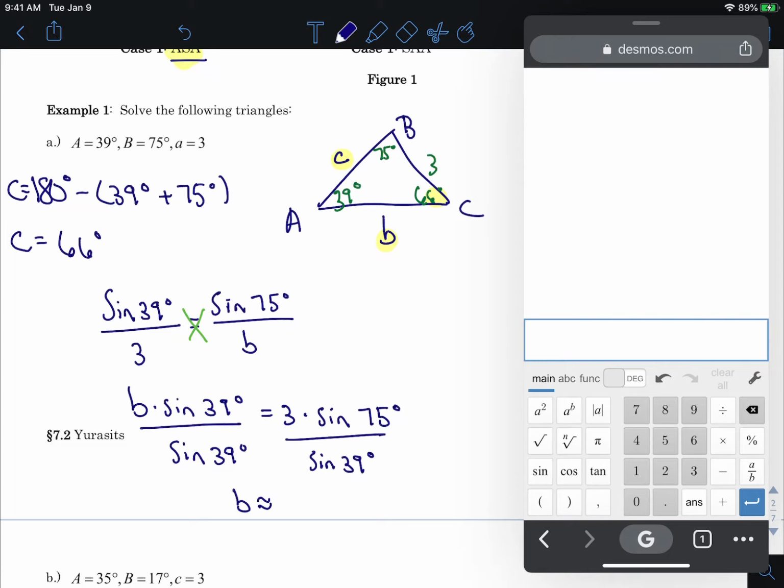And then I'm going to do 3 times sine of 75. I'm going to close that parenthesis. I'm going to divide it. So maybe this won't affect my answer, but I want to get us in the habit of making sure we're paying attention to these kinds of things. That 3 is in the numerator, so I'm going to put the whole thing in parentheses.